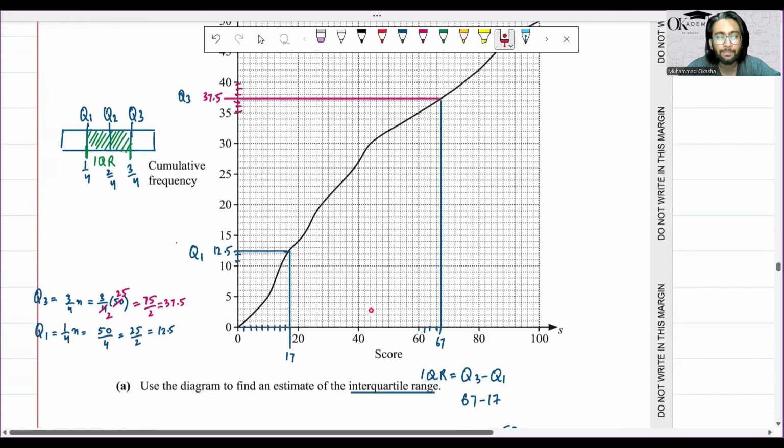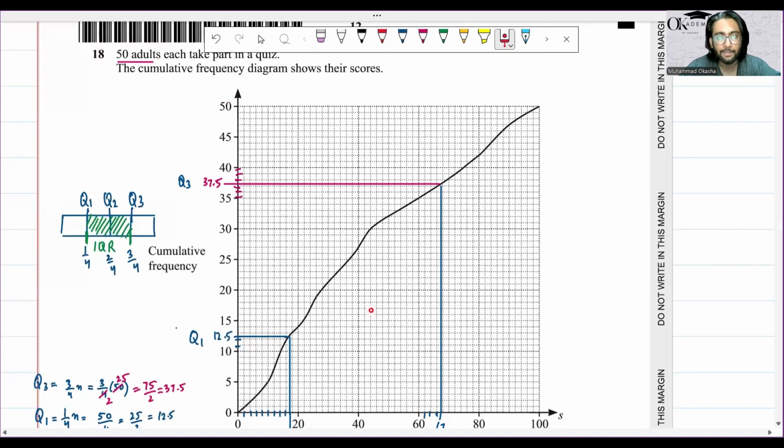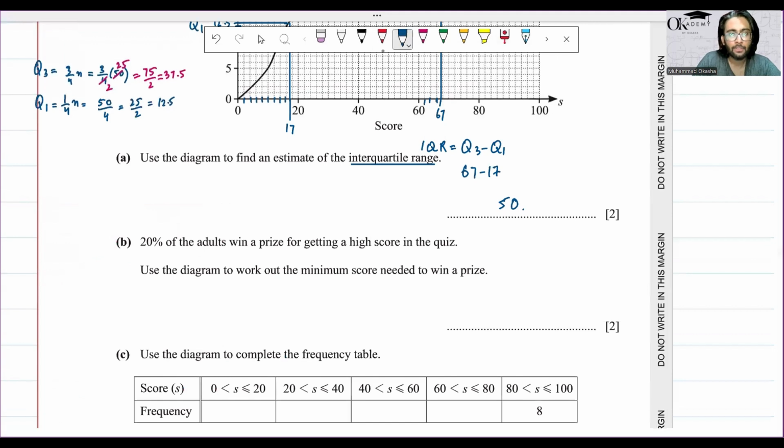Well, first of all, we'll calculate what's 20% of 50. I'm sure you know how to do this. 20 divided by 100 multiplied by 50. First of all, I want to figure out how many adults we are talking about. This zero will cancel out with this one, this zero will cancel out with this one, so I'm left with 10 adults.